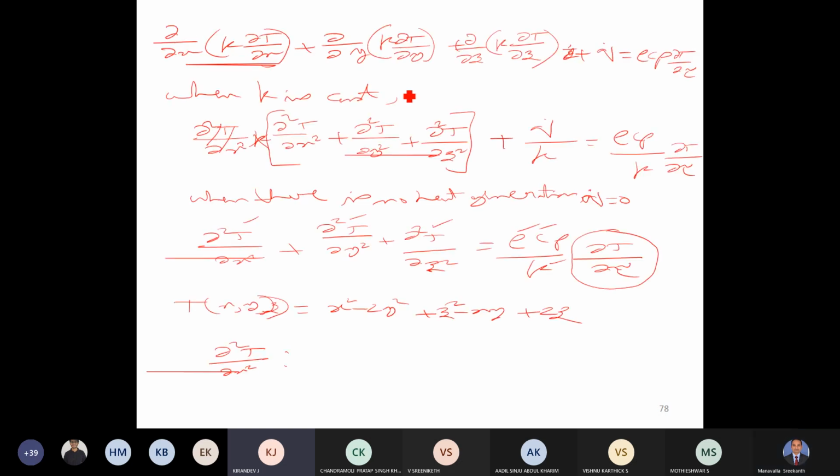So the next slide I will go here. I'll write ∂T/∂x is equal to 2x minus y. Similarly, ∂²T/∂x², that means differentiating this again, will give you 2.